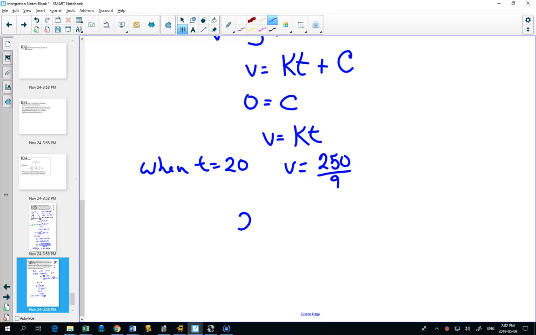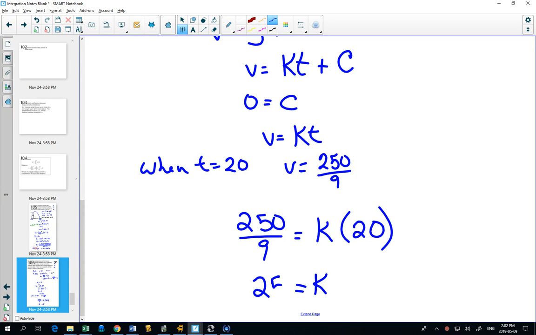Which means I could plug in 250 over 9 for v and 20 for t, divide both sides by 20.